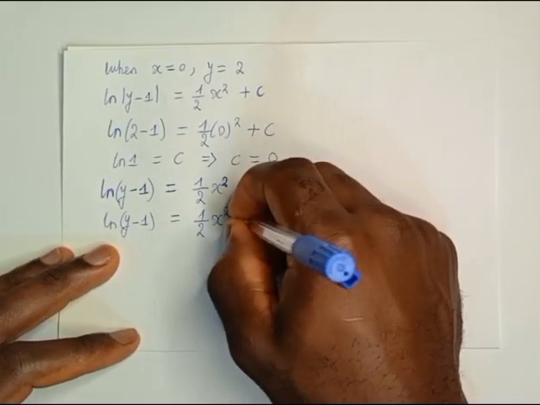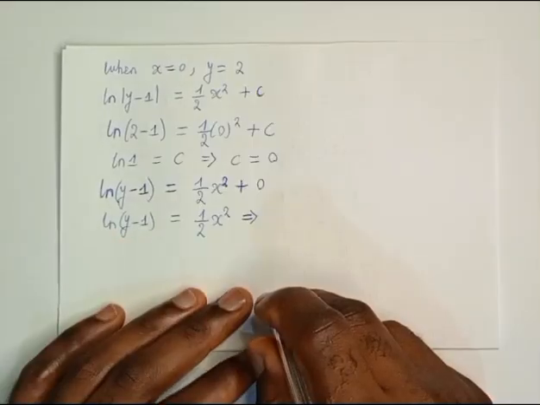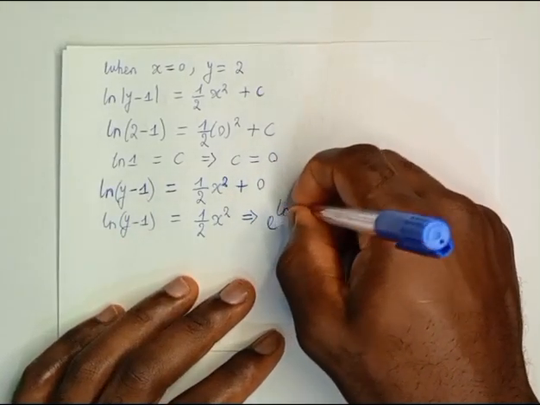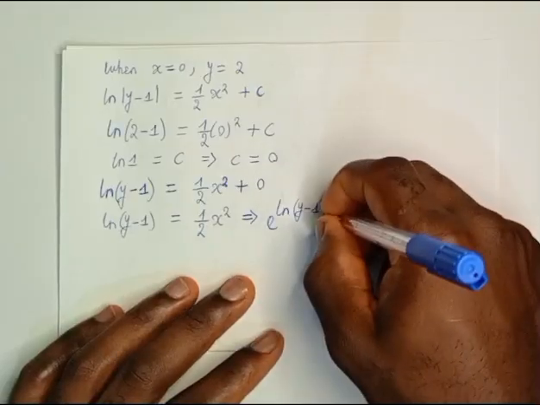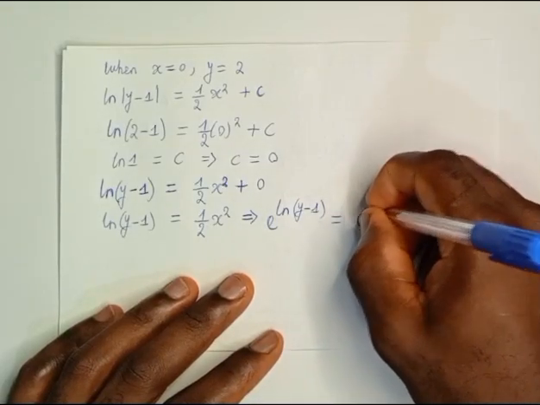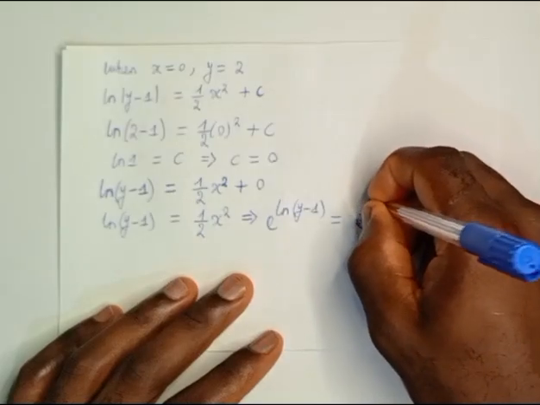Then, if we take exponent on both sides, e to the ln of y - 1 will simply be equal to e raised to the power a half x squared.